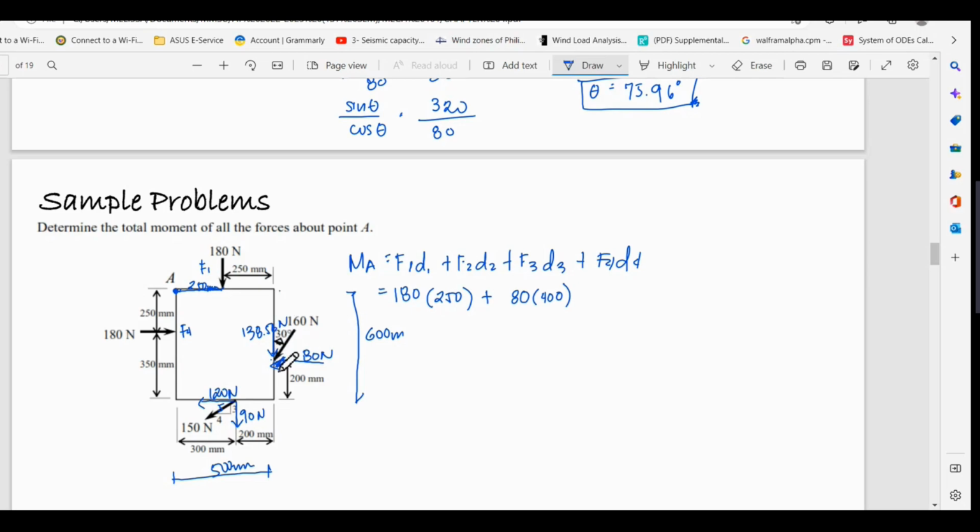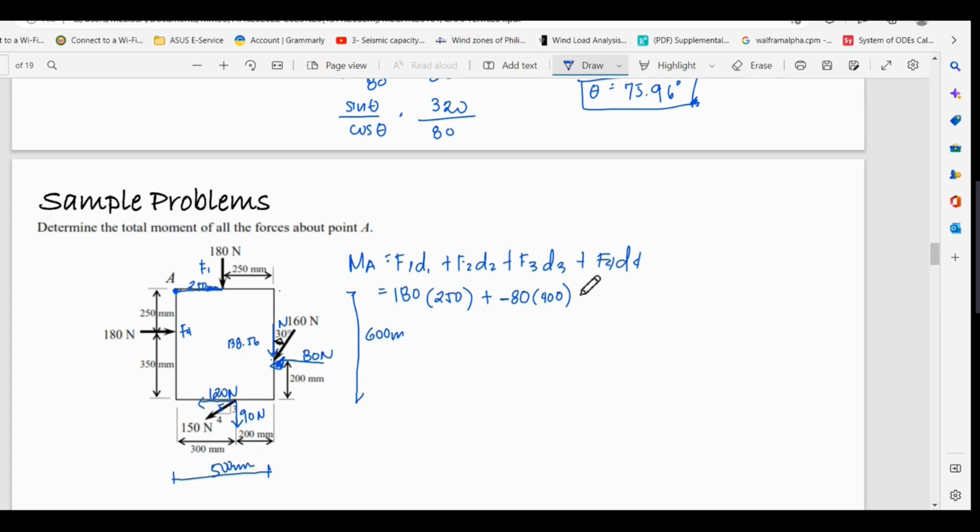When we push the tip at 400 mm, what motion will it create? It will create a counterclockwise motion, so that becomes negative. 80 minus, because it will create a counterclockwise motion.